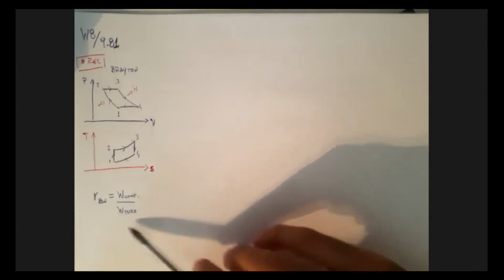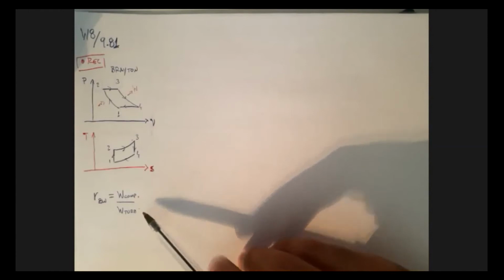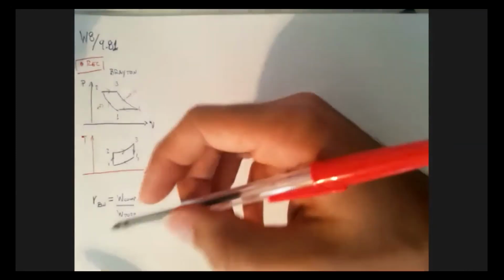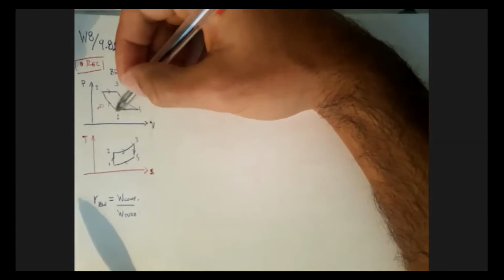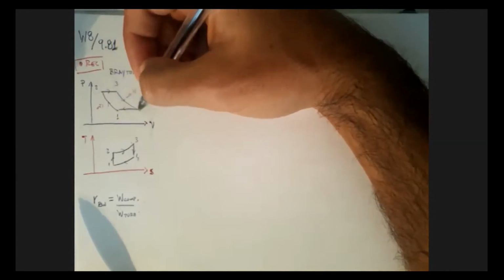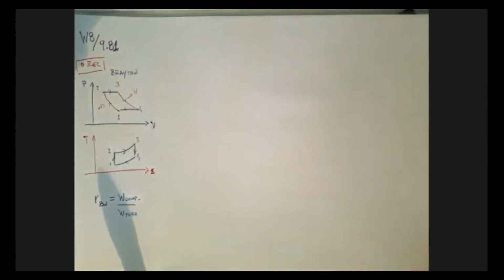Now, the less I need to give to my compressor and the more I can get out of this turbine, the better my system will be, right? Because we're getting more useful energy out of it. So the smaller my backwork ratio, the better. Okay, so what are we trying to do? We're trying to compare the backwork ratio of a system that has an isentropic compressor and a normal turbine, and one that has a normal compressor and an isentropic turbine.